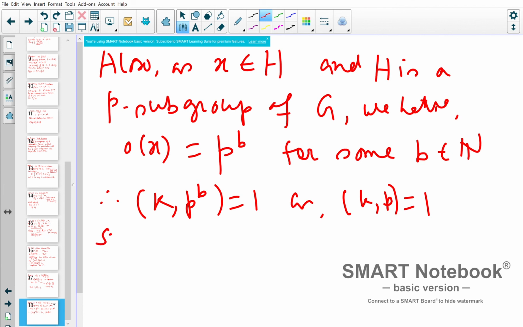Using the Bézout lemma, you remember that.